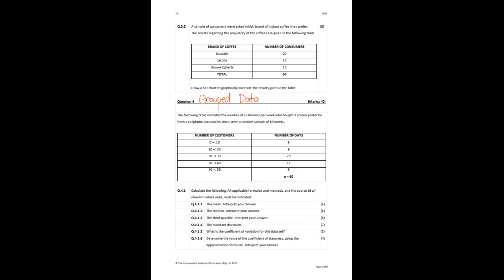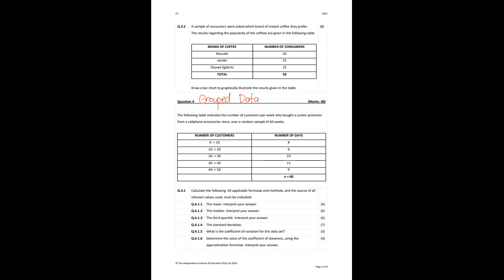So question 4 is based on your grouped data. And this says to you that the following table indicates the number of customers per week who bought a screen protector from a cell phone accessory store over a random sample of 60 weeks.